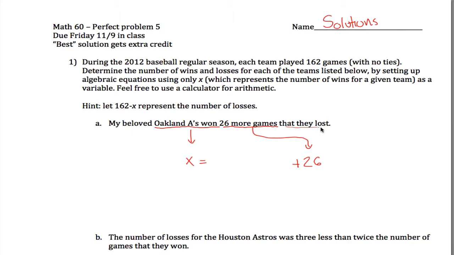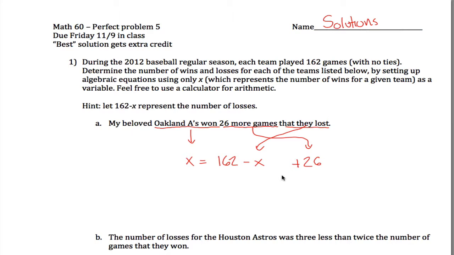And what is it 26 more than? Well, it's the amount that they lost. And we have up in our hint here, we can say 162 minus X is the number of games they lost. You don't need these parentheses, but I put them in really just to separate all the terms out. But actually that might confuse people, so I'm going to leave it like this. 162 minus X is how many they lost.